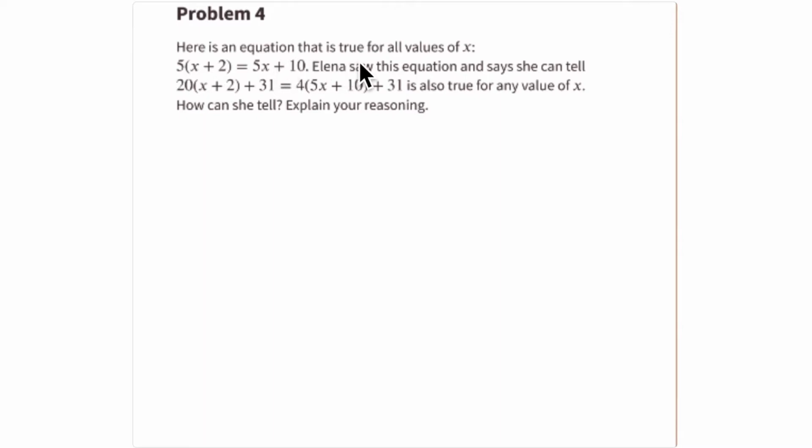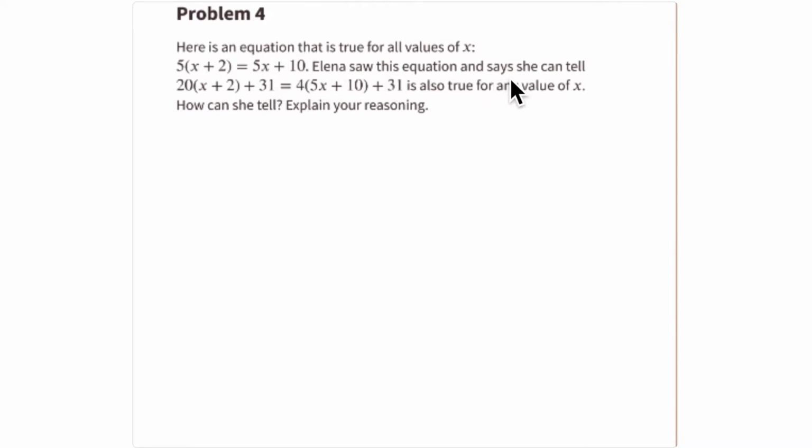So here's an equation that is true for all values of x because it's the same expression on both sides, which leads to the same line that's graphed for an equation of each side, which means that they are the same line. So all values of x are going to be true. So this is 5x plus 5 times 2 is 10, and this is 5x plus 10.